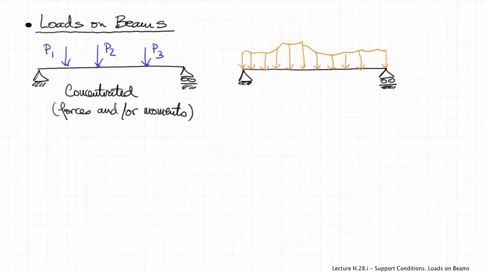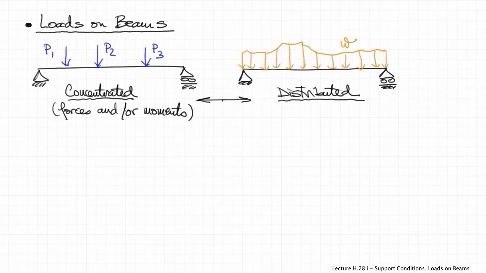Like, for example, this one, having a variable load intensity. So if you have these cases, of course, you can also have a combination of both. So beams can have concentrated forces applied to them, or concentrated moments, as well as distributed forces.